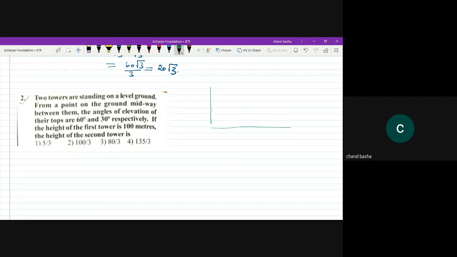This is one tower. I'm going to take this as AB, and we are standing here and observing. This angle of elevation is given as 60, and the height of the tower is 100.